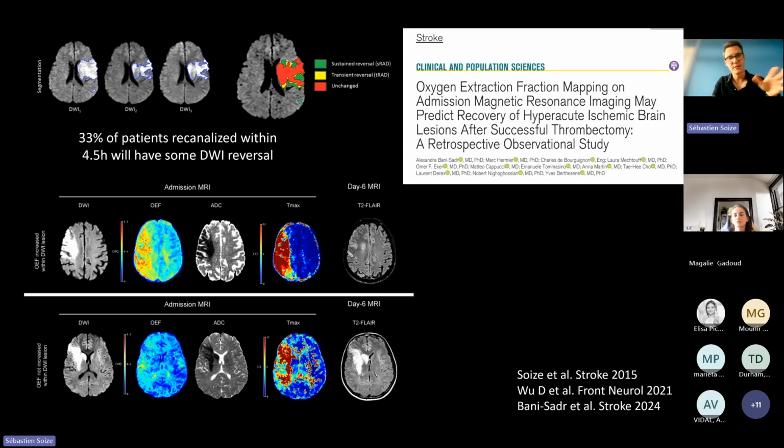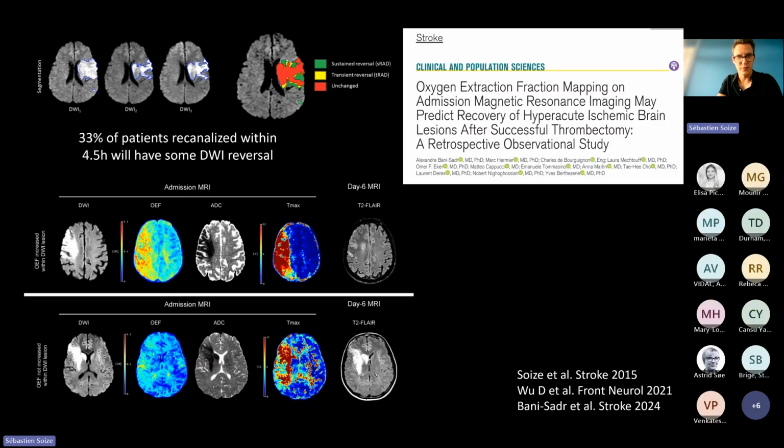And it's really interesting that OEF confirms this. Sometimes even with CT, or if you do MR, it's okay, but also if you do CT, you get a normal CT, a very elevated OEF and a big Tmax like on the patient on the top, it's a really good sign that you can save a lot of tissue.